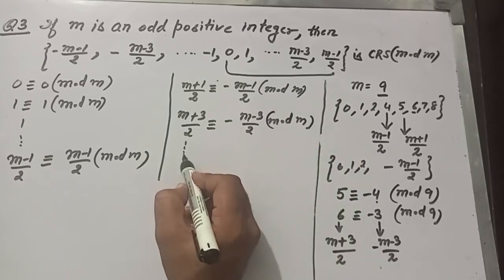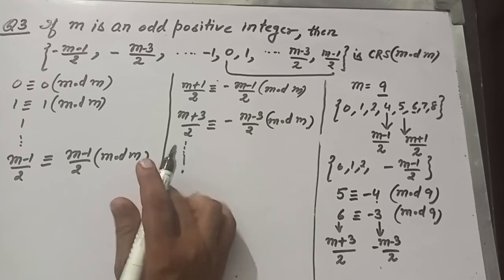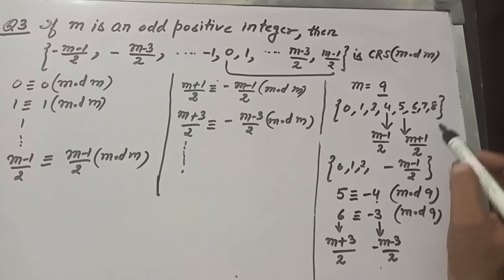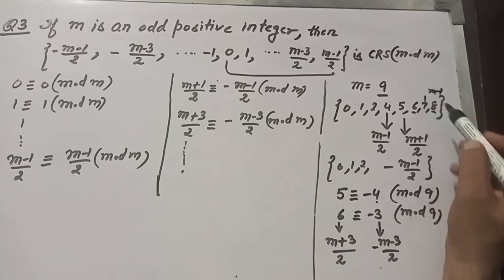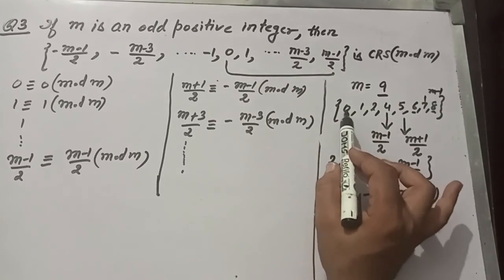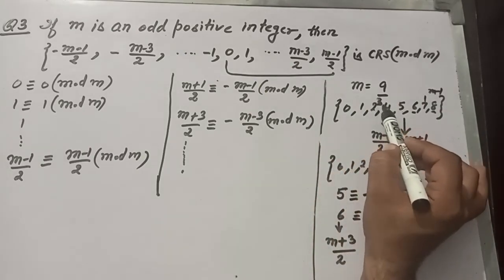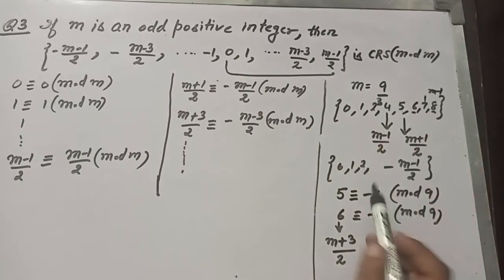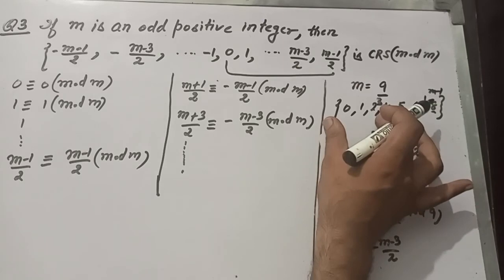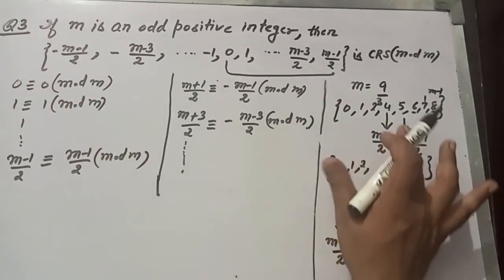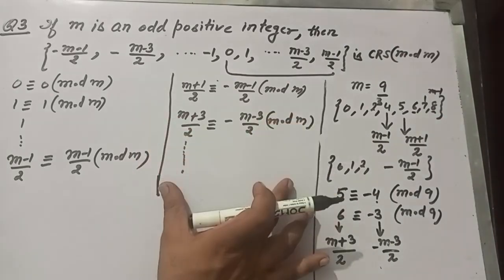Continuing like this, see, first we have taken 0 1 2 3 4, the first half, and the other half 5 6 7 8 is here.